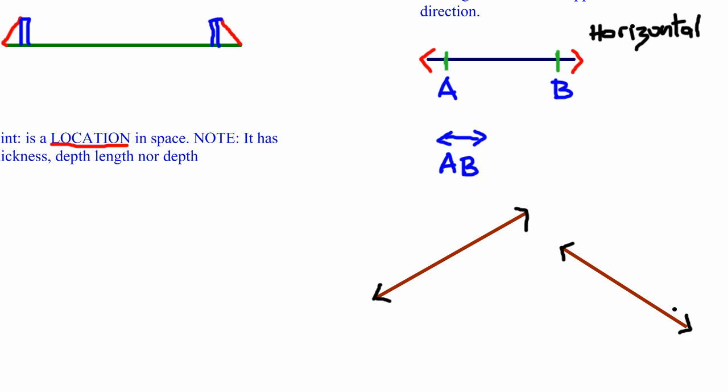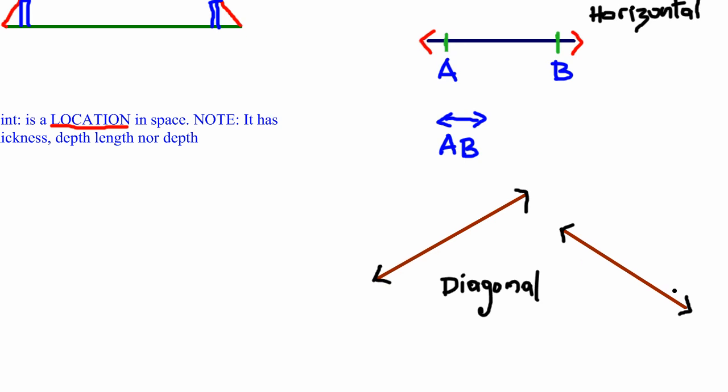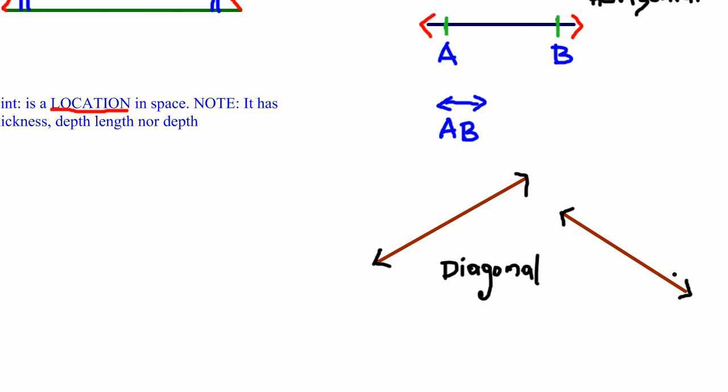These two lines are called diagonal lines. Let's make a quick note there. When you see a line looking like this, slanting, these two lines are classified as diagonal lines. Those are two types of lines. Let's look at the final one.